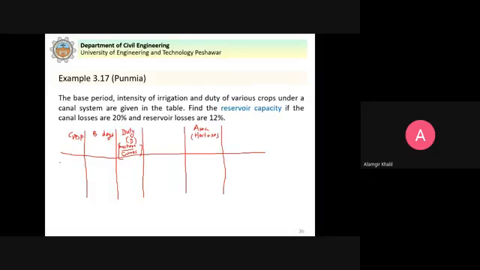Now we have wheat. Then we have sugar cane. Then we have cotton.